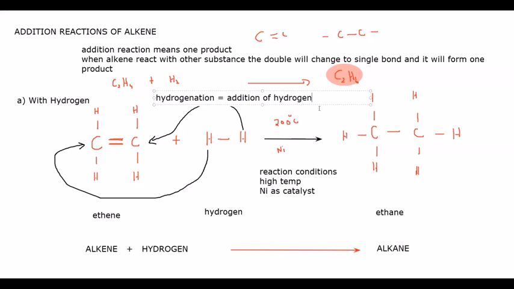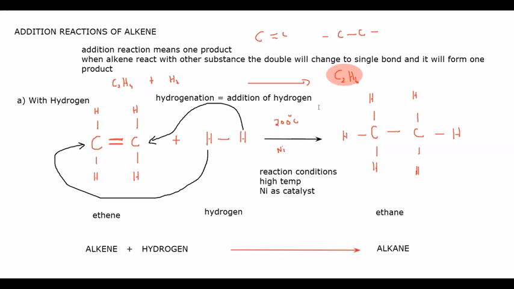Sir, does oxidation happen in this reaction? The term oxidation is addition of oxygen or removal of hydrogen. So, no, rather than the term redox reaction, here it's called hydrogenation. Rather than classifying the reaction as oxidation or reduction, addition of hydrogen is there.